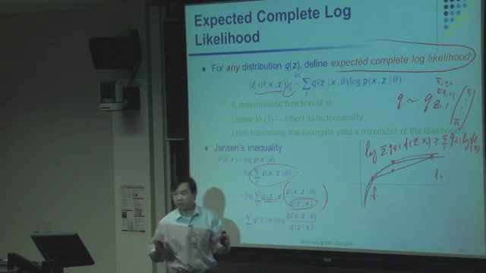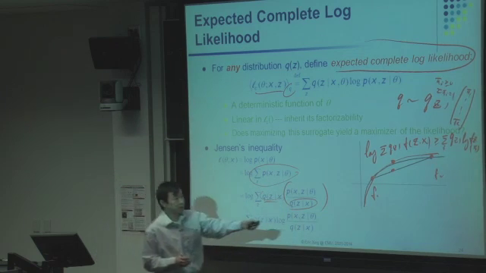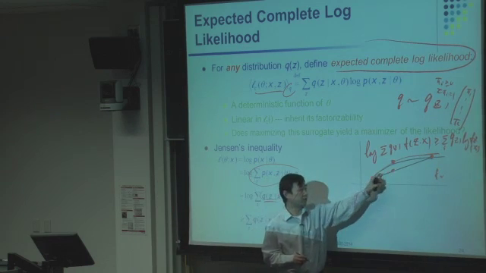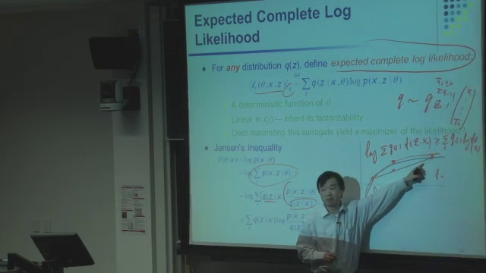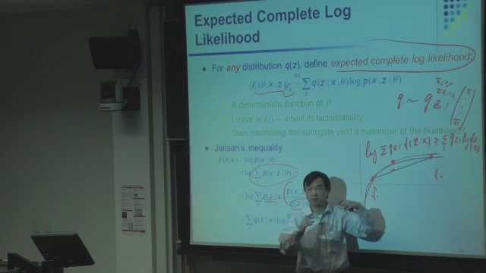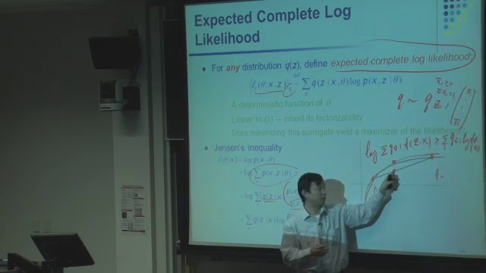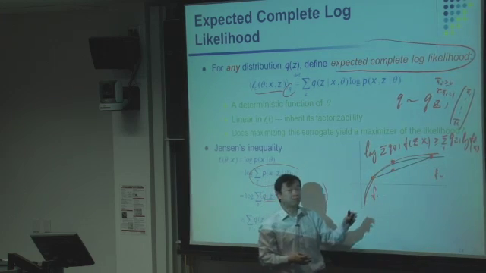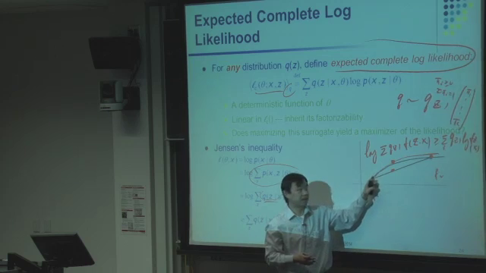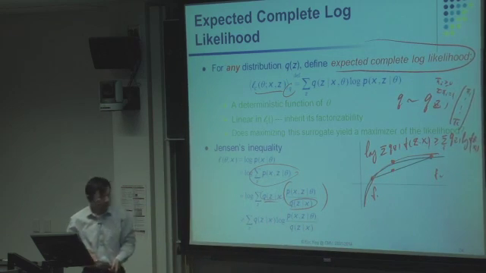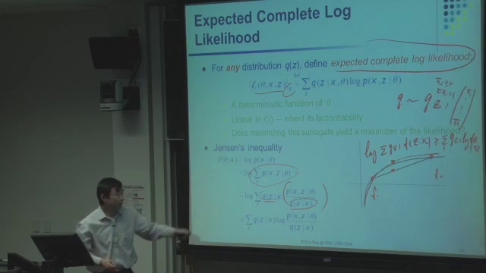It can be an arbitrary qz, because with different qz, you're only going to change the position of this point from here to here to here. It will never be outside of this line. Remember, qz is between 0 and 1. Therefore, this point will never be outside of this segment, and therefore must be upper bounded by the original function. So that's the insight about Jensen's inequality. So this will be a lower bound of that.